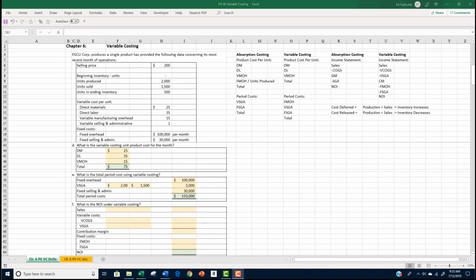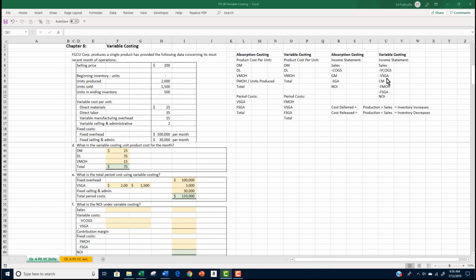Now it's time to determine the net operating income for the variable costing method. The net operating income is determined by taking your sales minus your variable costs. The variable costs include all the variable costs of goods sold, or what you might refer to as variable product cost, plus the variable SG&A.